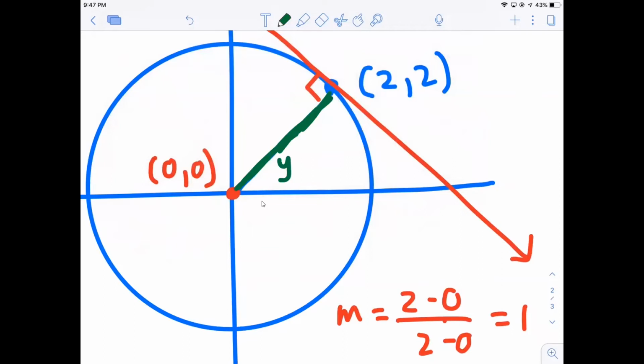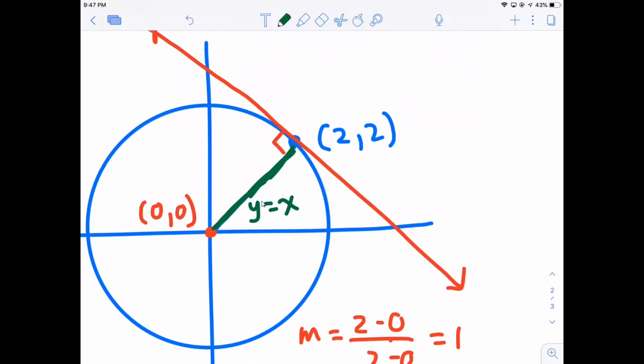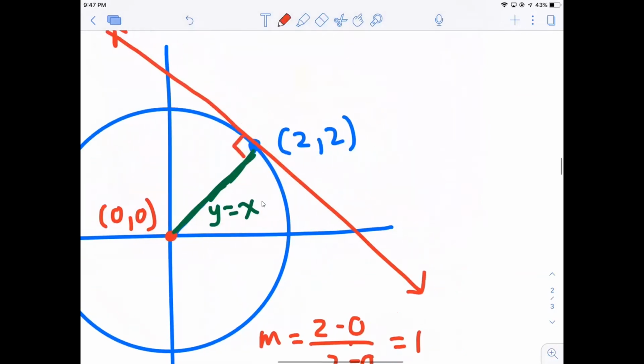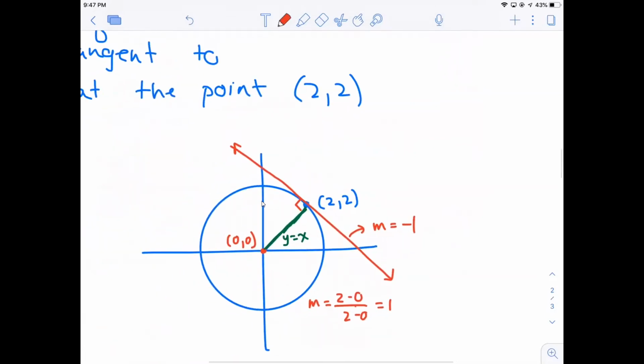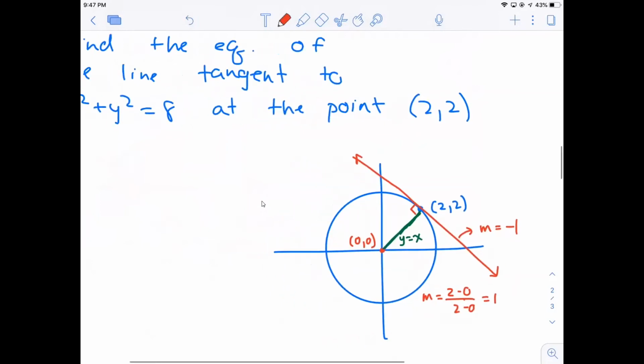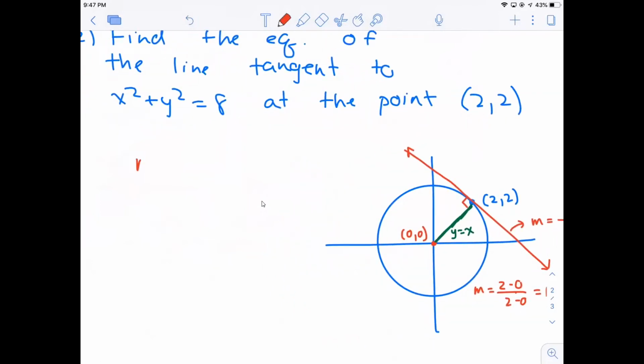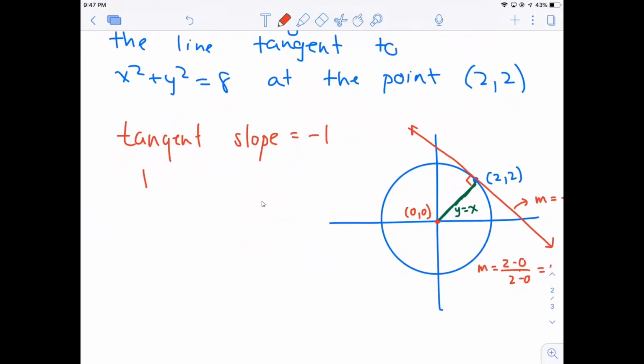All right, so that line is y equals x, which means the slope is 1, which means the slope of the line we're looking for has to equal -1. So we're looking for the equation of the line that has a slope of -1 and passes through (2, 2). So our tangent slope will equal -1, and we know it passes through (2, 2).